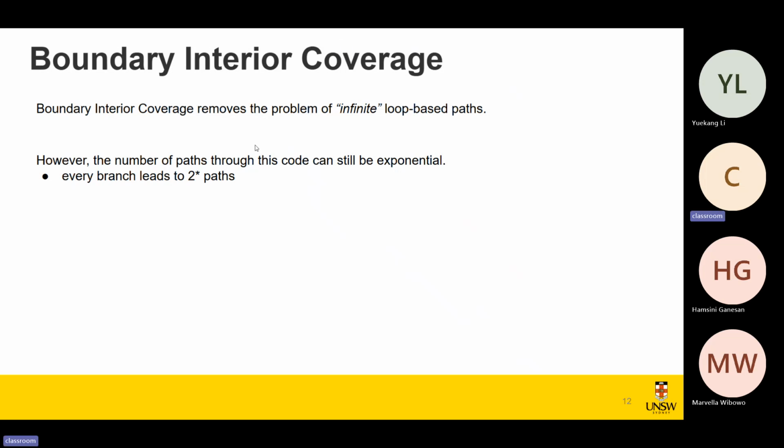So for boundary interior coverage, the number of paths could still be infeasible for us to test out. Because if there are many, many branches inside the loop, we may still have a lot of subpaths for us to try out. So there are still problems with boundary interior coverage.